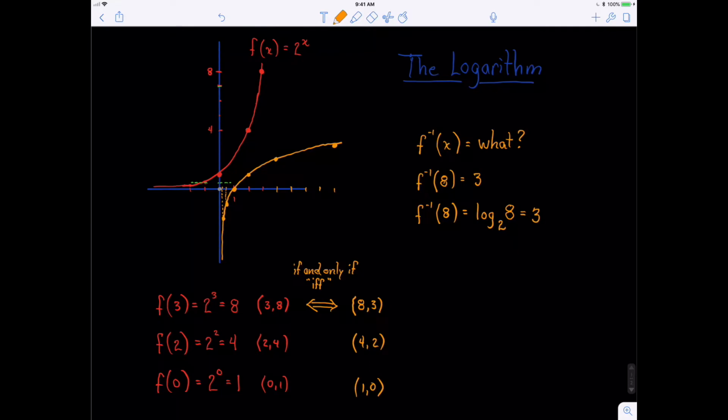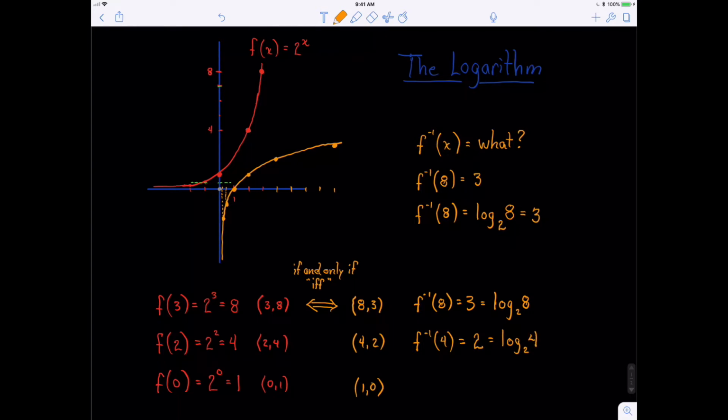So here, I know that if I put an 8 into my inverse, I get a 3, and that comes from the inverse function, which is the log base 2 of 8. And in the next one, I know that if I put a 4 into my inverse function, I should get out a 2, and I do when I use the logarithm in base 2 of 4.